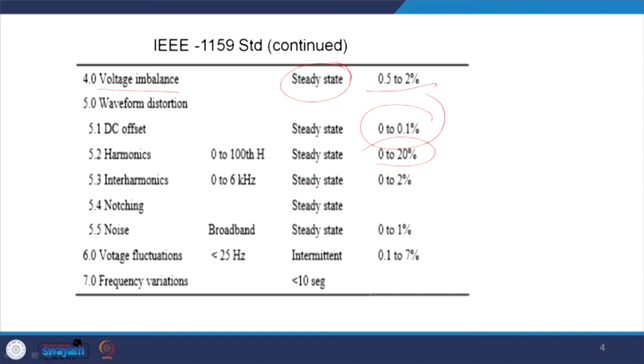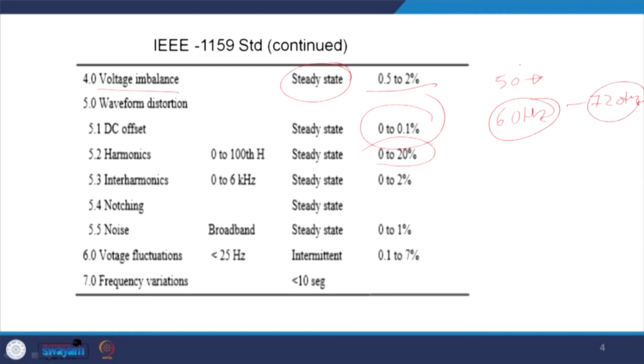There is also interharmonics. For example, you have a 50 hertz supply in India and a 60 hertz supply in USA, and maybe you have chosen devices that have a switching frequency of 720 hertz.